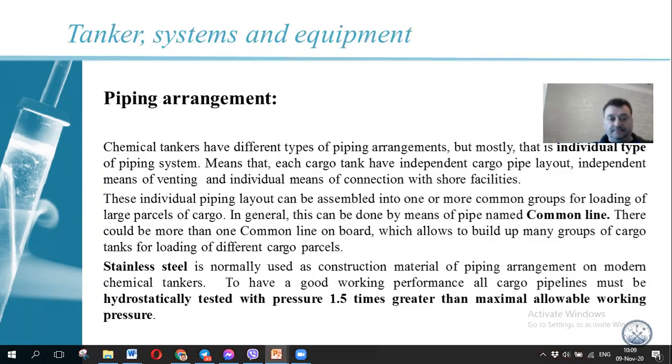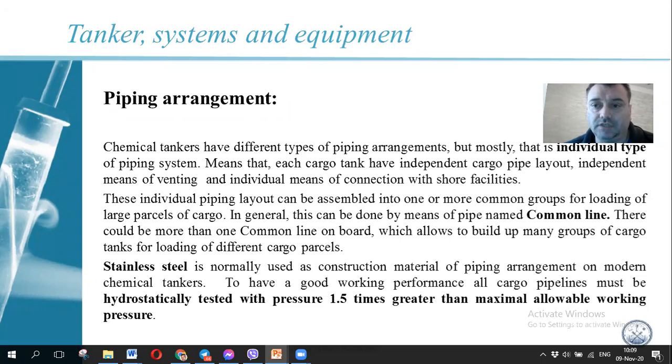Piping arrangement. The chemical tanker has different types of pumping arrangement, and each of these is used for an independent tank. So what is this? On the liner vessel, which I will show you later, what is the liner vessel? We have a group of tanks with one cargo line.